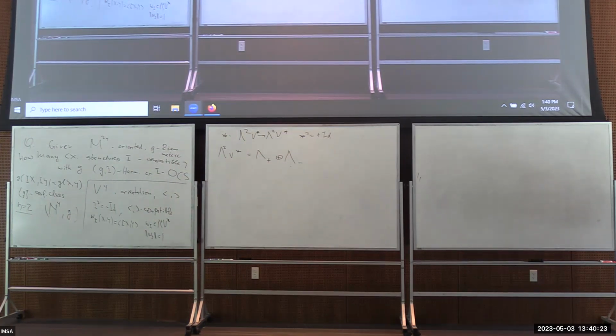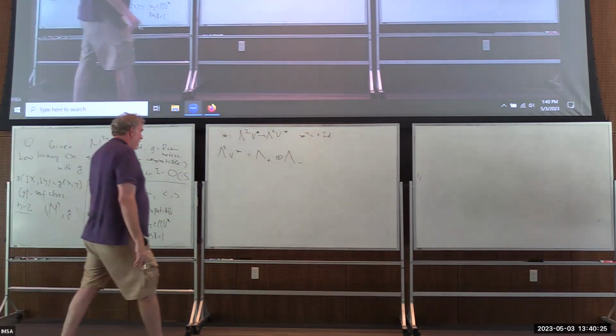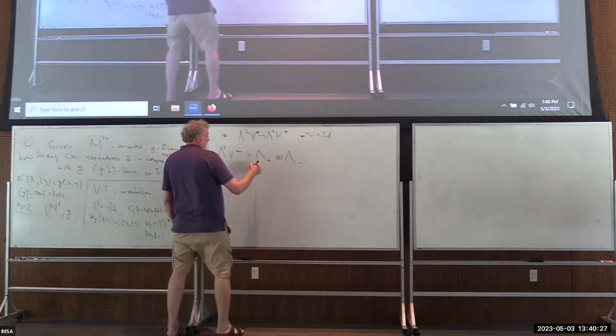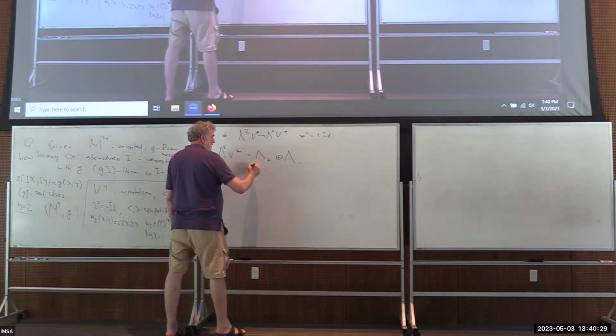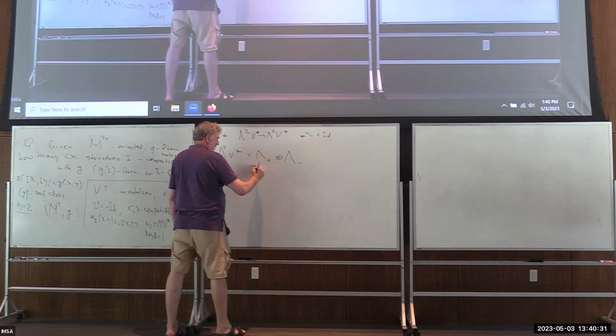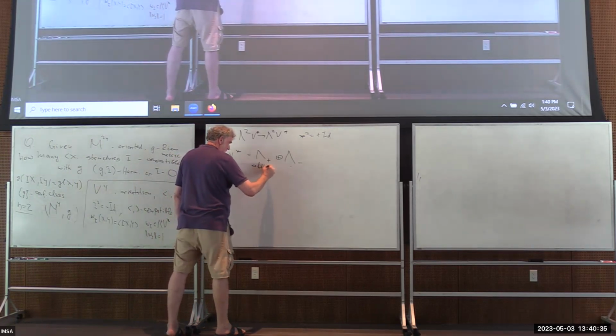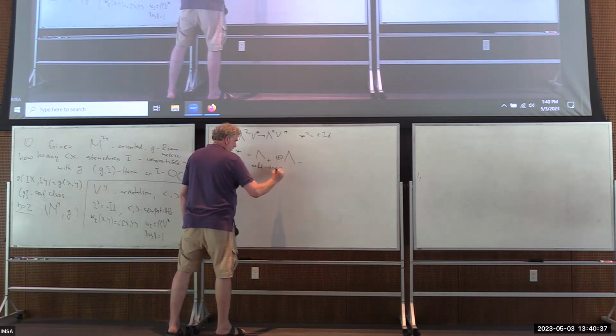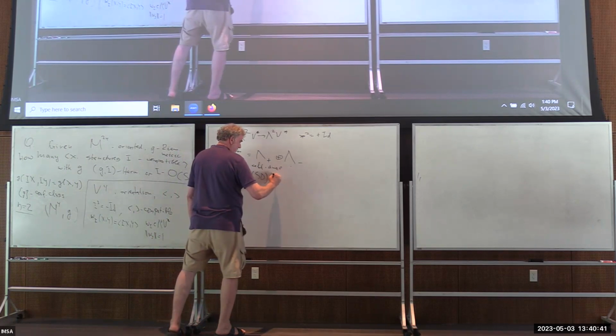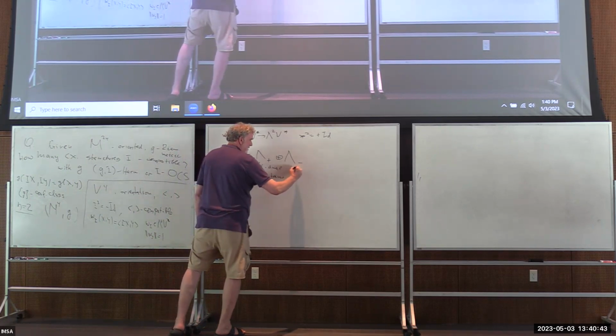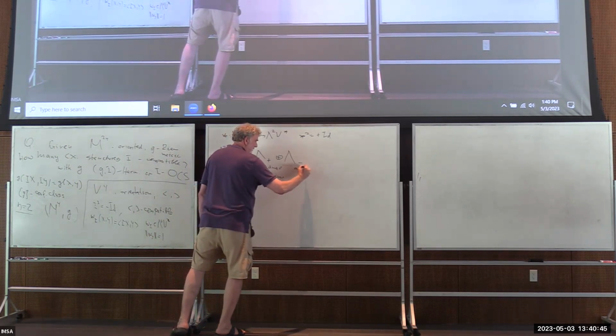Now both are three-dimensional, and the elements here are called self-dual forms. There are different short forms, and the elements here are called anti-self-dual.